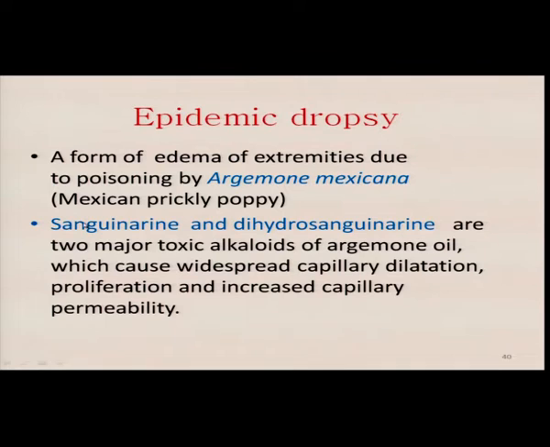The toxic components here are sanguinarine and dihydrosanguinarine. These are the two toxic alkaloids present in argemone oil, and their presence causes capillary dilatation, proliferation and increased capillary permeability.